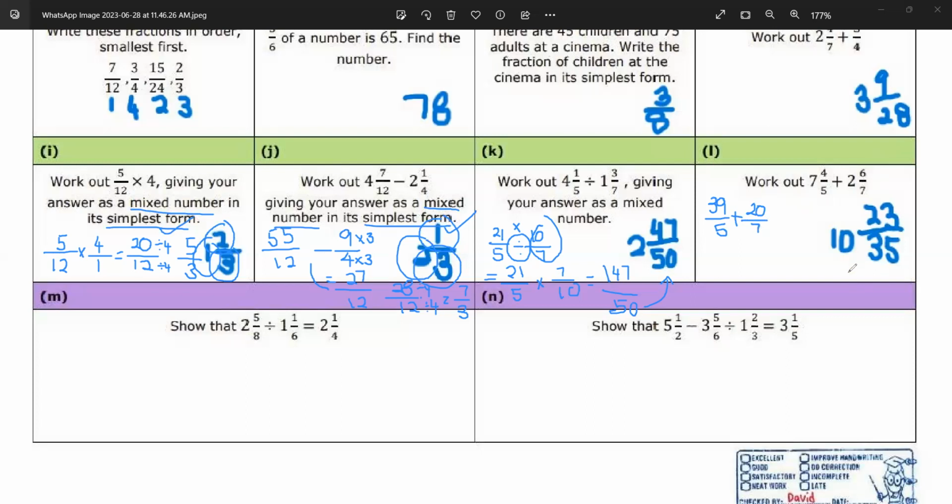Then make the denominator the same. So for this, their LCM, lowest common multiple, will be 35. So 5 will need to times 7, 7 will need to times 5.